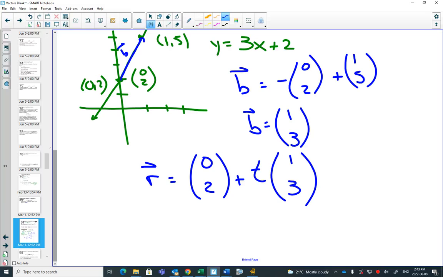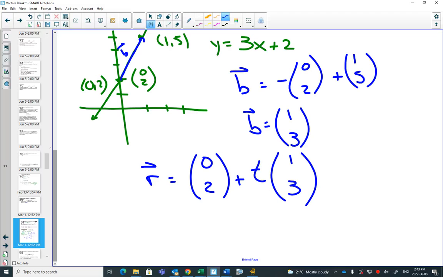So the vector equation gives you any point on the line without being forced to have, like y equals mx plus b, you're forced to have your y-intercept to use that one, right? So this one doesn't matter what point you have, which makes it a little bit more flexible.